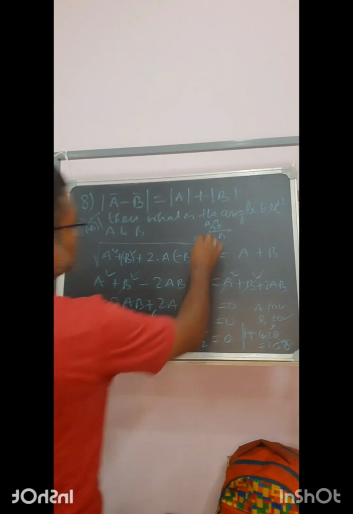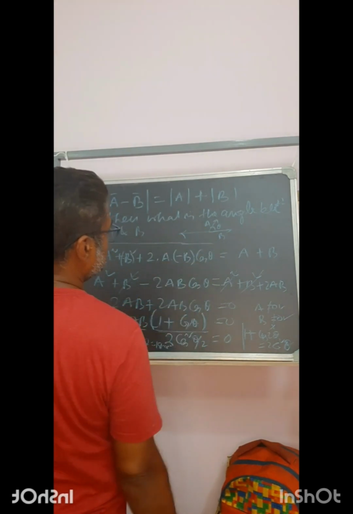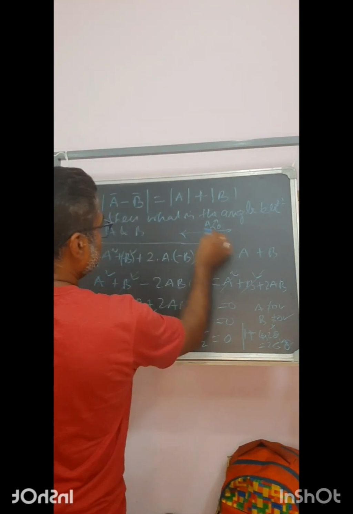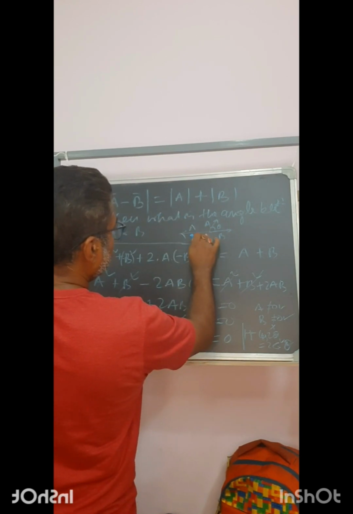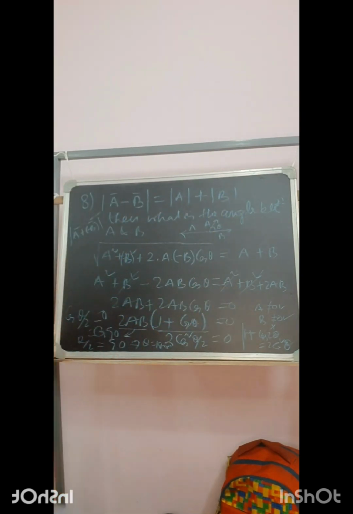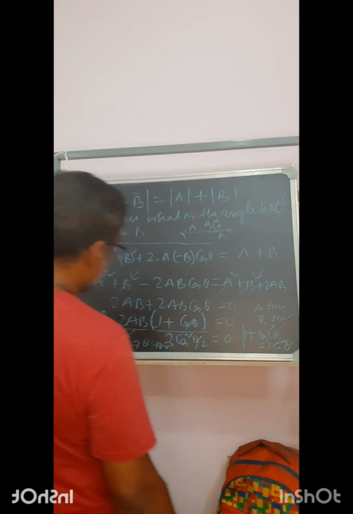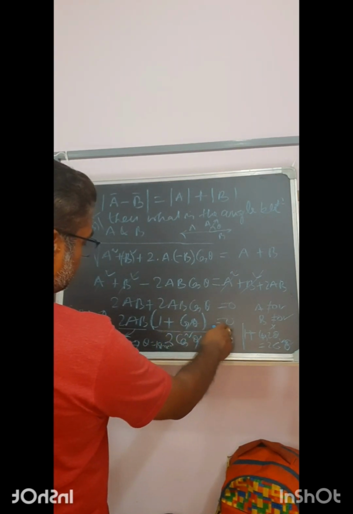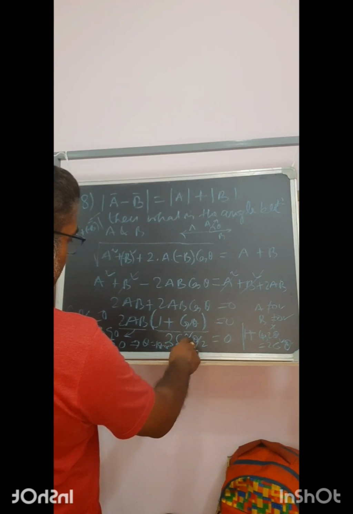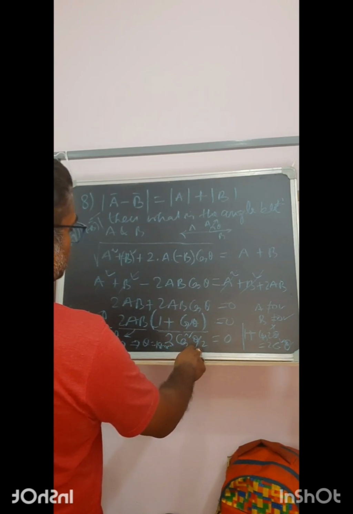So A minus B, magnitude wise, is equal to A plus B in the case where theta is the angle. So from the sum it is coming like that: 1 plus cos theta is equal to 0, so I am saying it is 2 cos square theta by 2 is equal to 0.